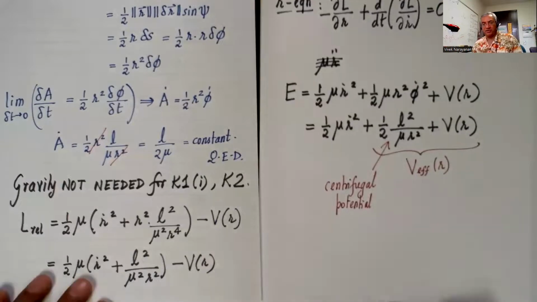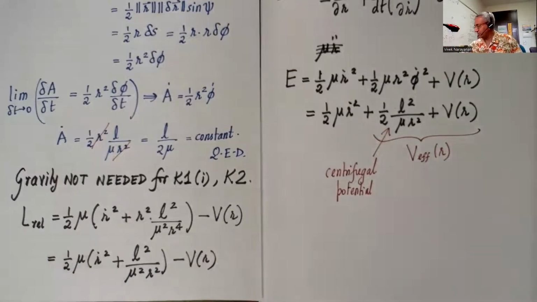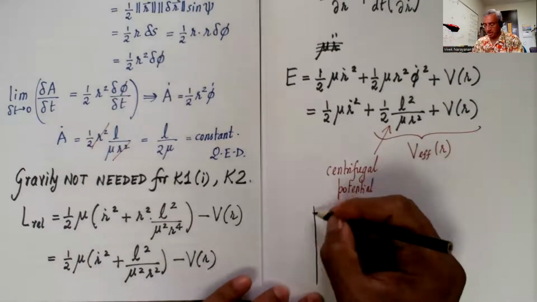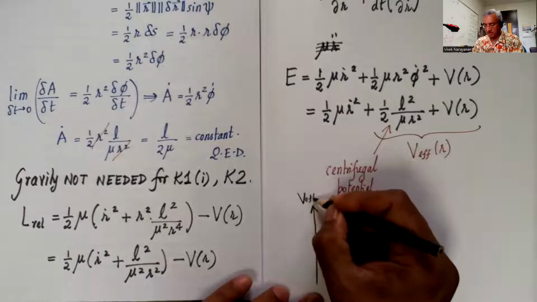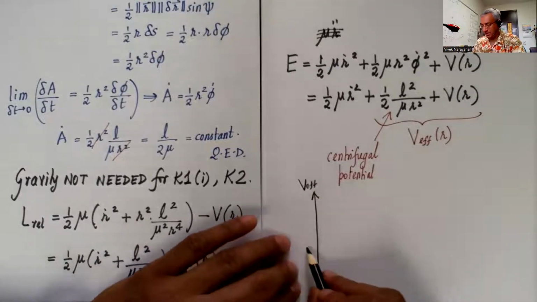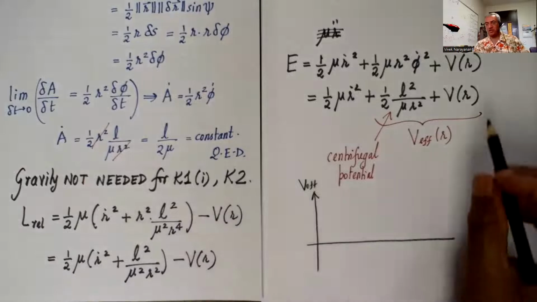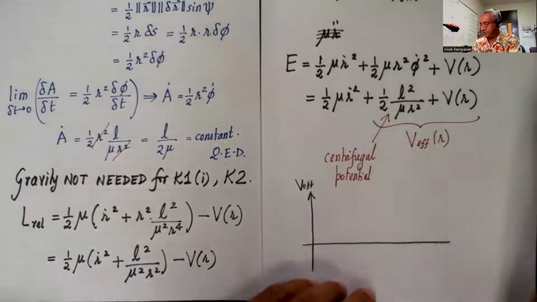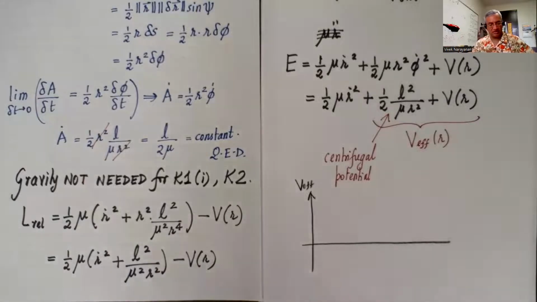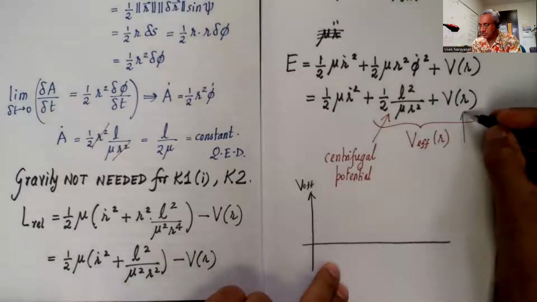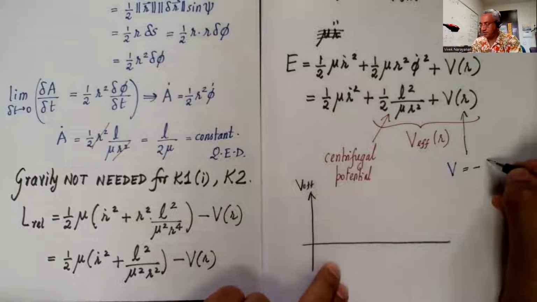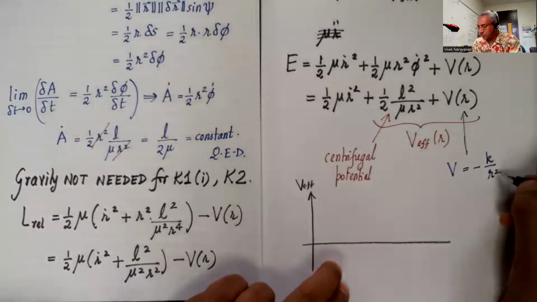Now, let's spend some time plotting this thing here. In the back of my mind, I know that central forces are for gravity, so I'll keep that in mind, which means that V itself is negative. So for gravity, V is going to be equal to negative some constant K over r.